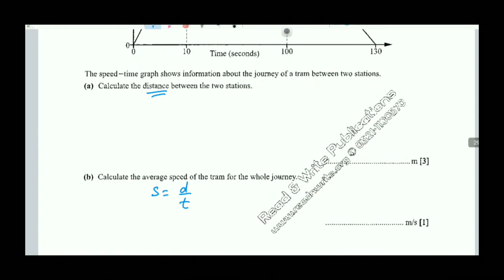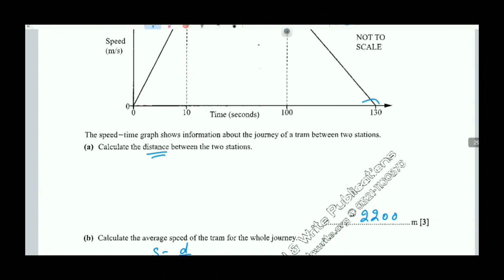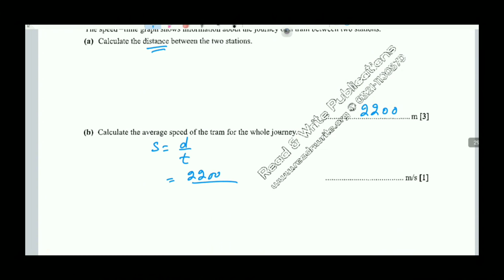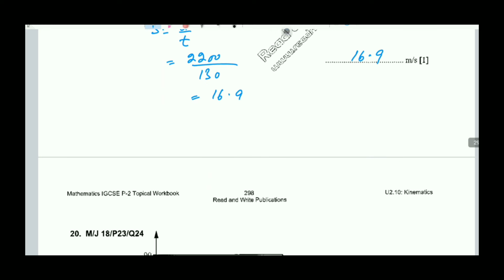Distance is 2200, that you will find in the first part, over time, which is 130. This is the total time. So 2200 over 130, you will get 16.9. That will be your final answer.